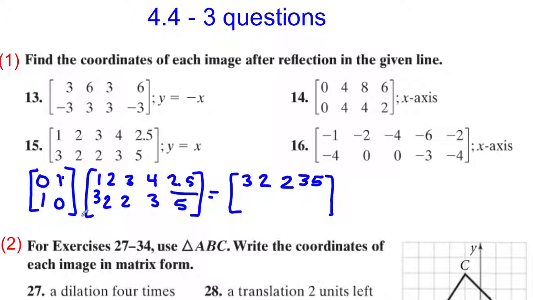So we have 1 times 1, which is 1, plus 0 times 3. So that's just 1. 1 times 2 is 2, plus 0 times 2 is 0, so that's just 2.